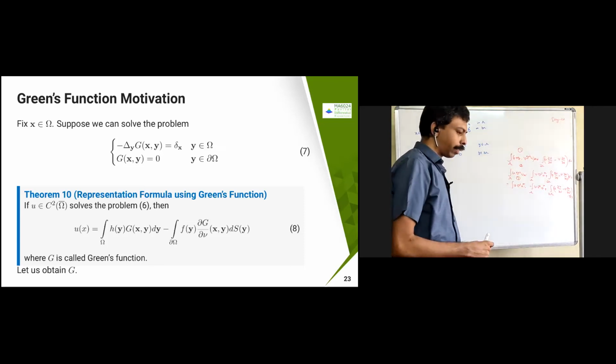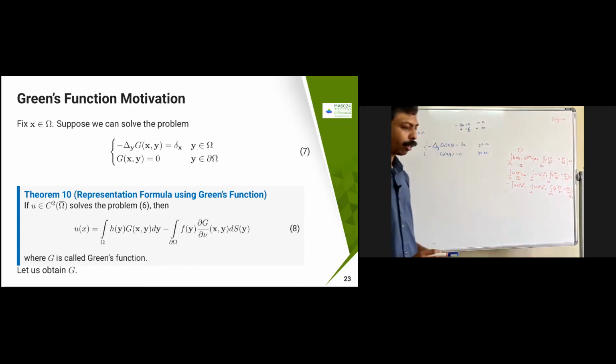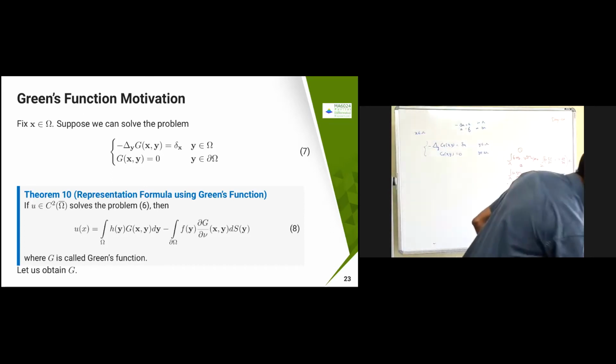So suppose u belongs to C square of omega solves the problem 6, meaning the Poisson equation.